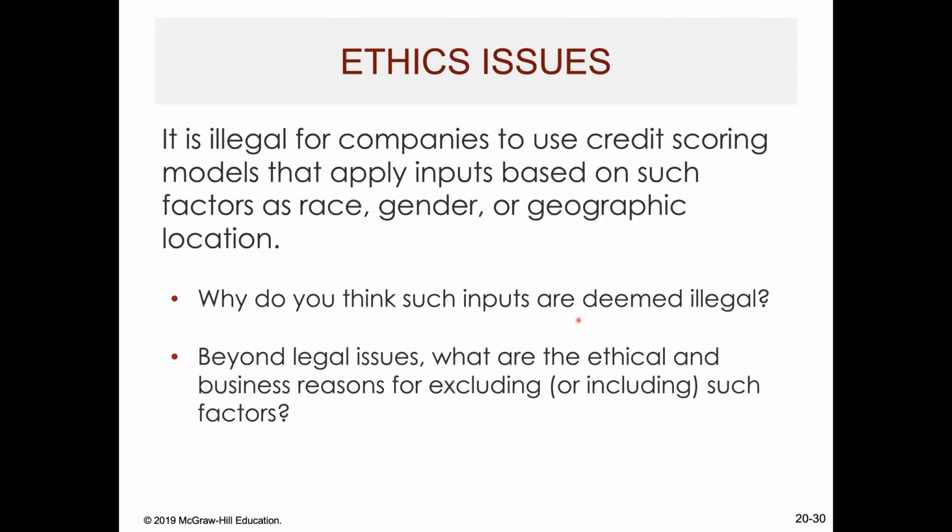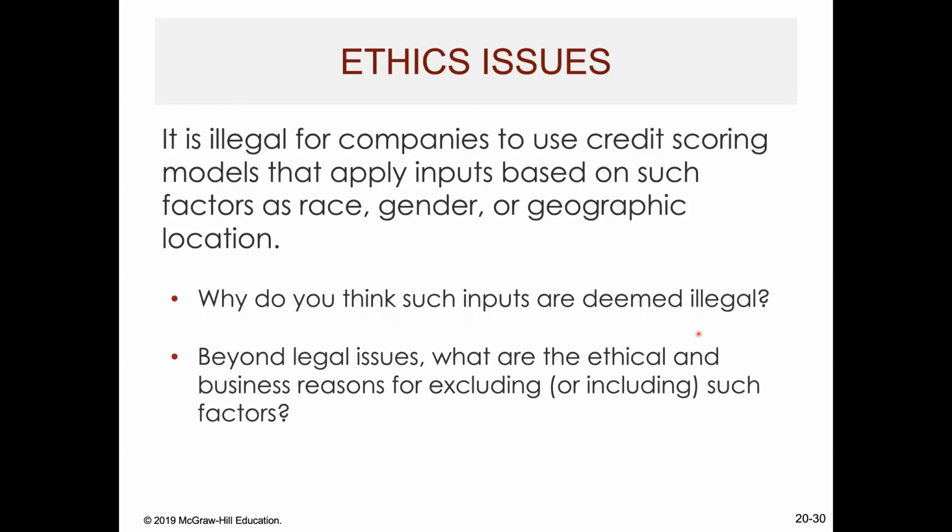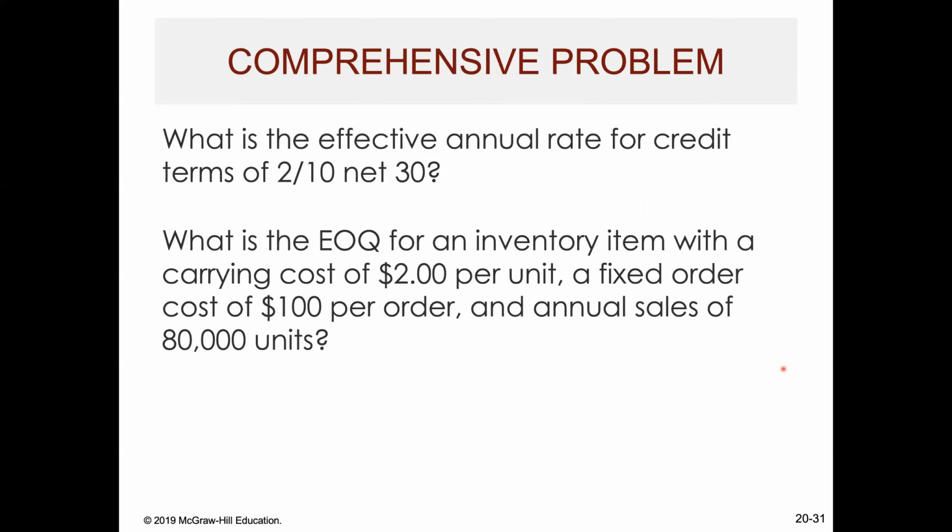So why do you think such inputs are deemed illegal? Beyond legal issues, what are the ethical and business reasons for excluding or including such factors? We might be tempted to include some of these factors, but is it ethical? Those are questions that we have to answer as financial managers.